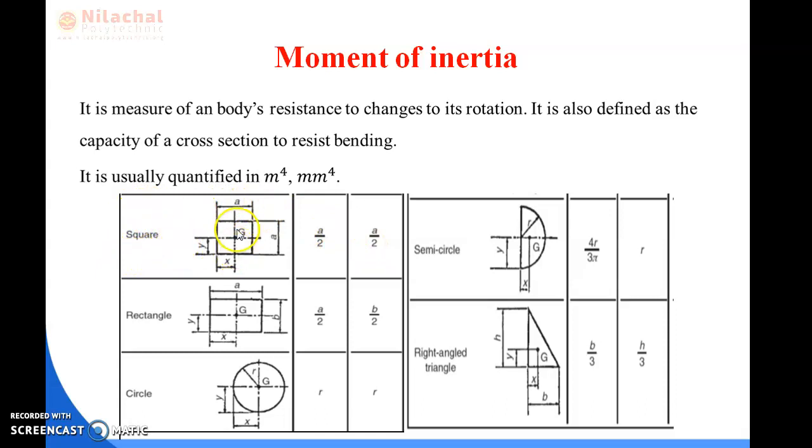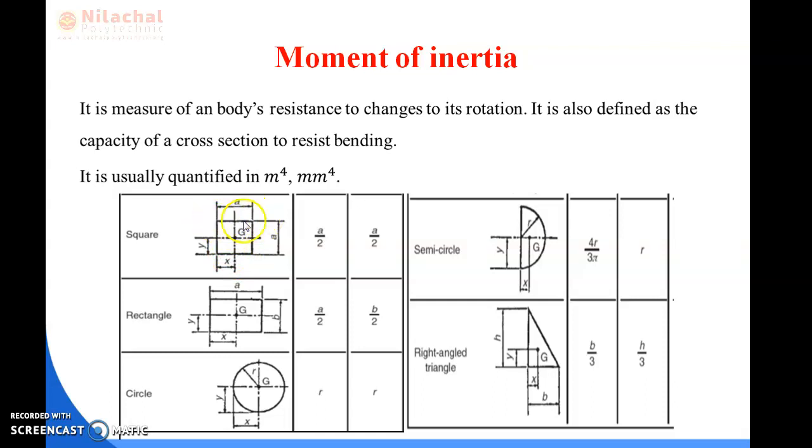So first shape, let's consider the square section. A square section is a symmetrical section. Symmetrical means that when you cut this square structure, one half of the structure is equal to the other half. So in the case of the x-axis, the value of CG is side by 2.